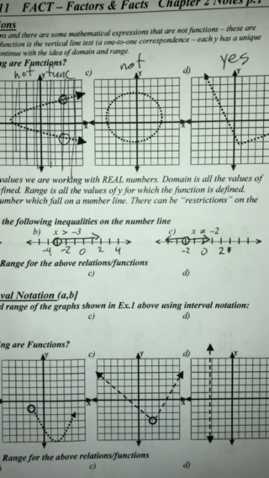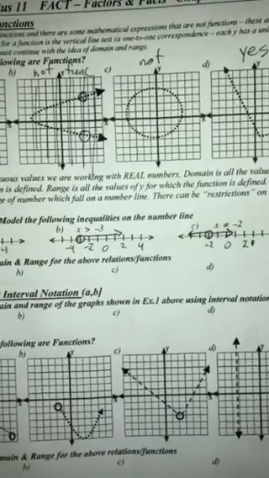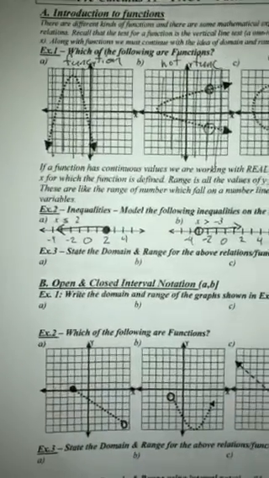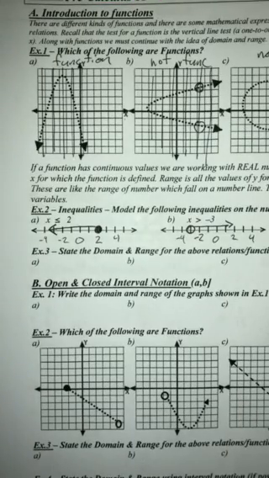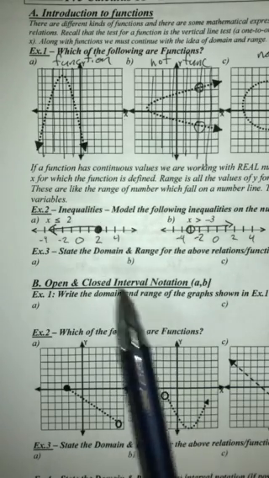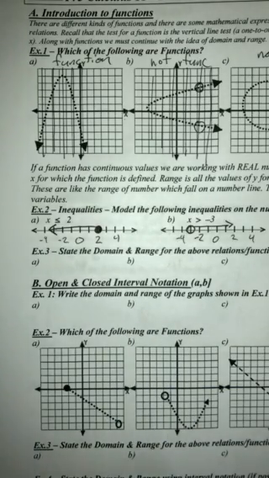So like I said, this is important because it's going to help us when we are dealing with domain and range. So let's look at what the domain and range of each of these graphs looks like. There's going to be two different notations I'm going to do it with this. I'm going to do one with the closed and open interval and one that's a little bit more common.